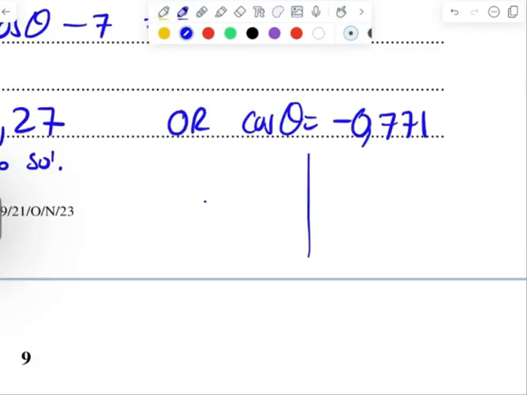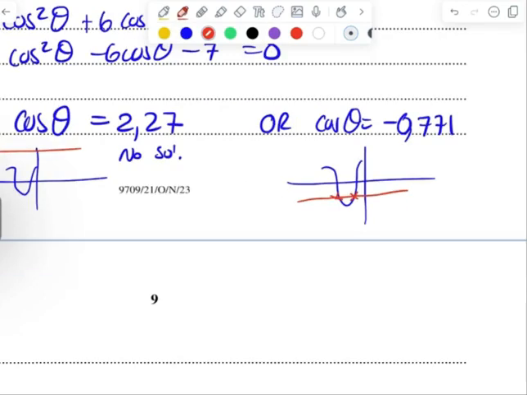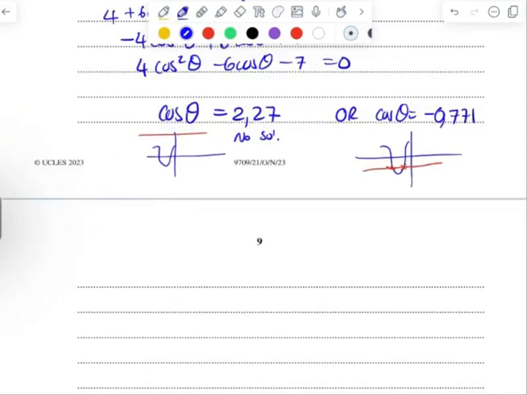Okay, if we go from here, we're looking at our negative, about minus 0.77. No, that's probably drawn a bit low. Let's draw it a bit higher. We're going to expect two answers over there, something like that. Make sure your calculator is in radians. And we now want cos minus 0.771.